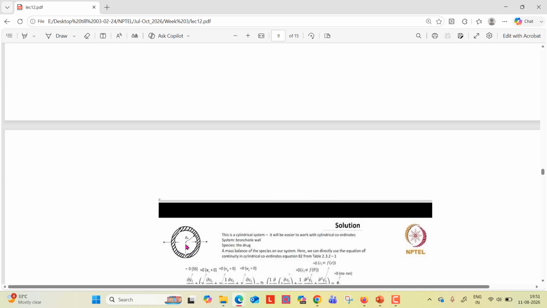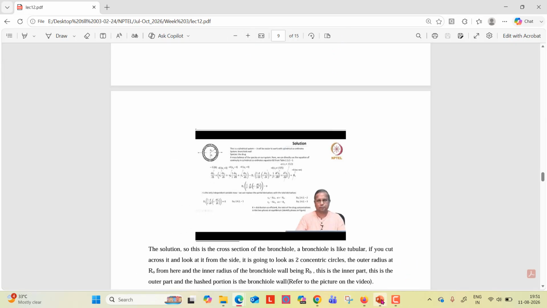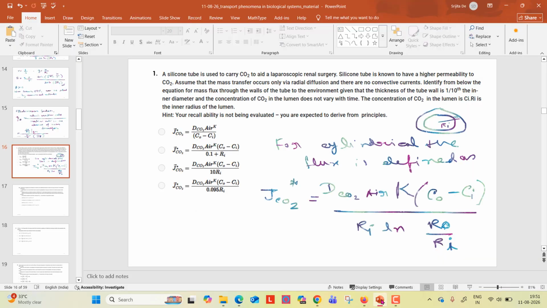Yes, RB is the inner radius. That's why the confusion came. Ri is the inner radius and Ro is the outer radius by Ri. Okay.